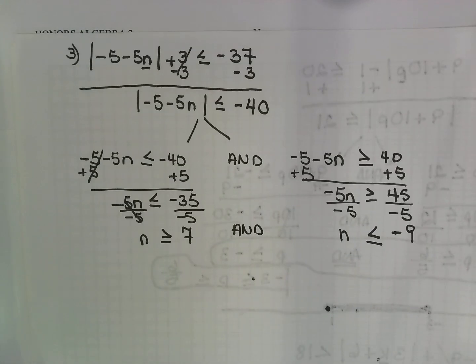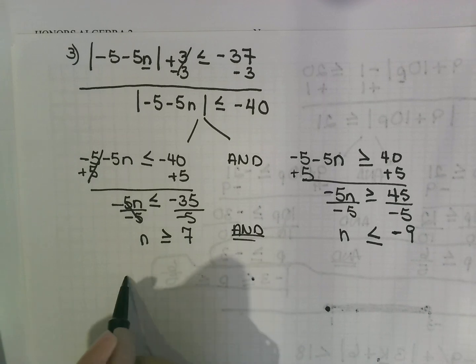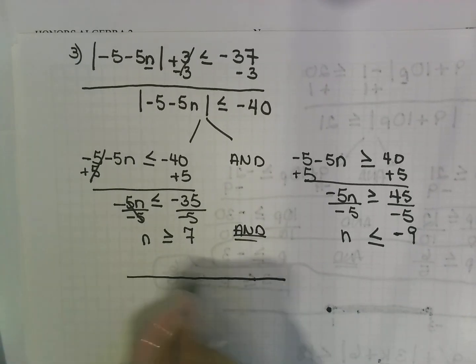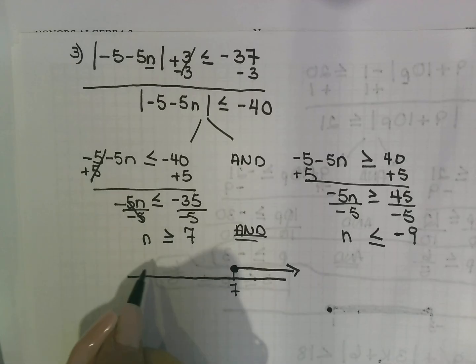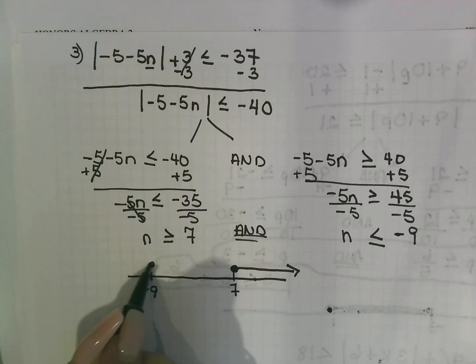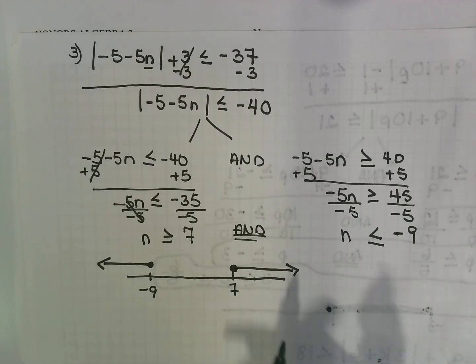All right, so remember, when it's an AND statement, both of these things have to be true at the same time. So if I have 7 here and I have n is greater than or equal to 7, that's everything that way. And if I have a negative 9 over here and I say that n is less than or equal to negative 9, where do these guys intersect? Well, they don't.